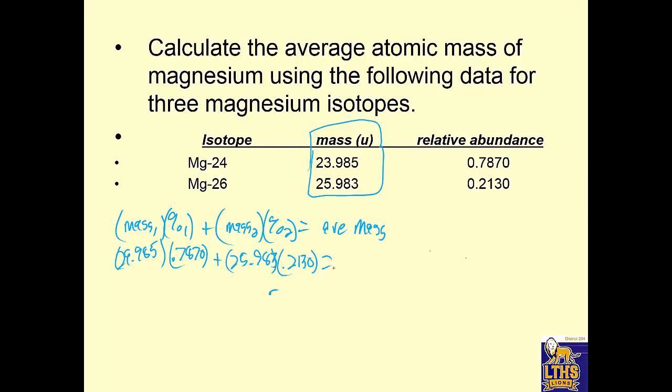Calculators assemble. Okay, so that's 20... Why did I say 29.985? I miswrote that. Did you notice that? 23.985 times 0.7870 plus quantity 25.983 times 0.2130 equals, and my battery just died.